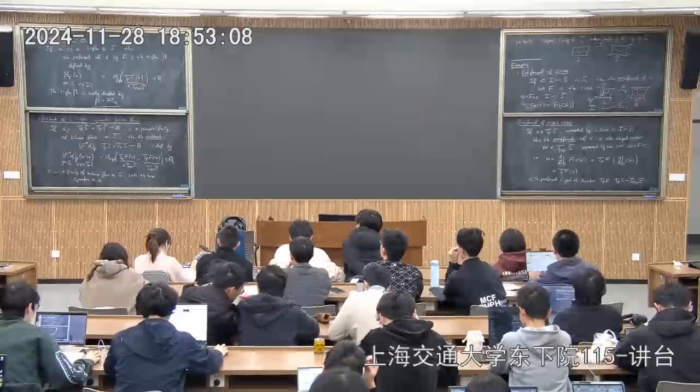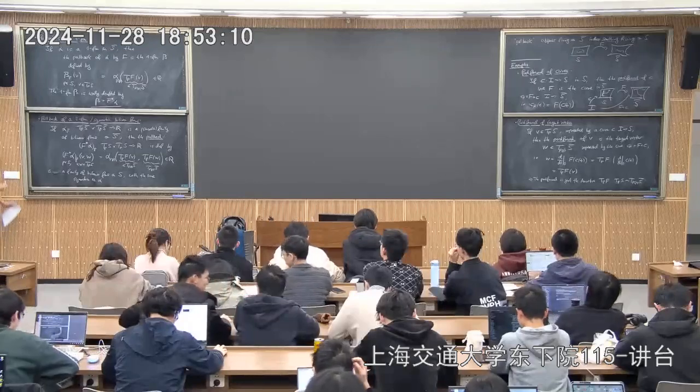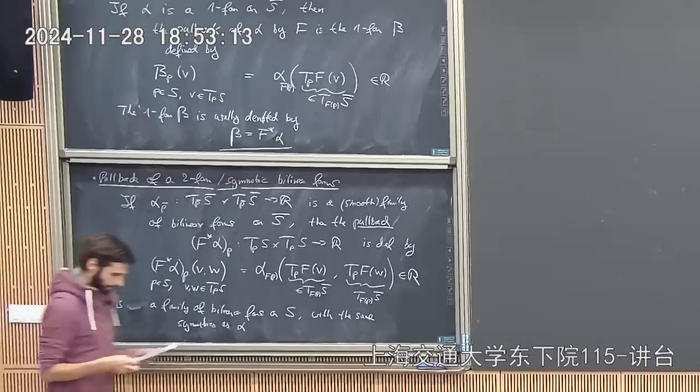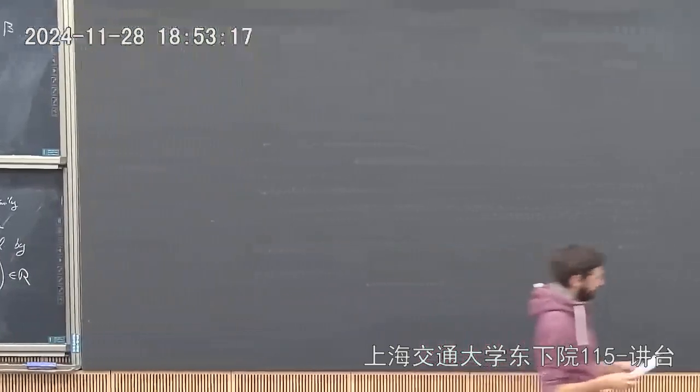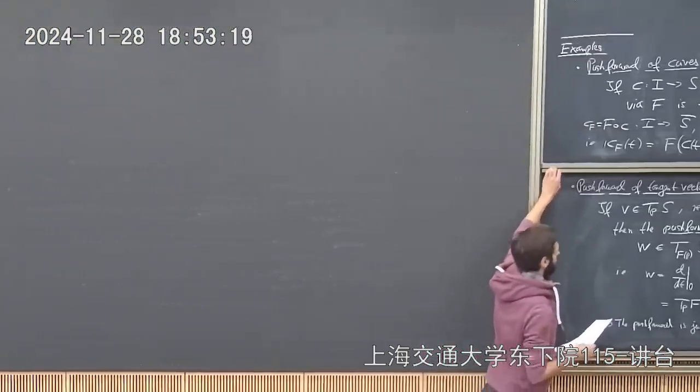Symmetries means what happens if I exchange two tangent vectors. And we have already seen a construction like that.